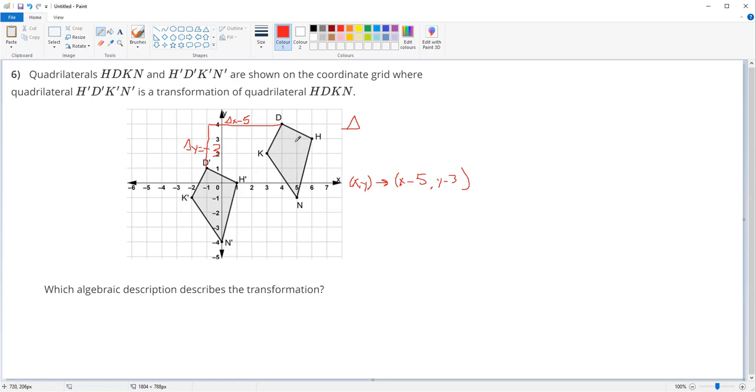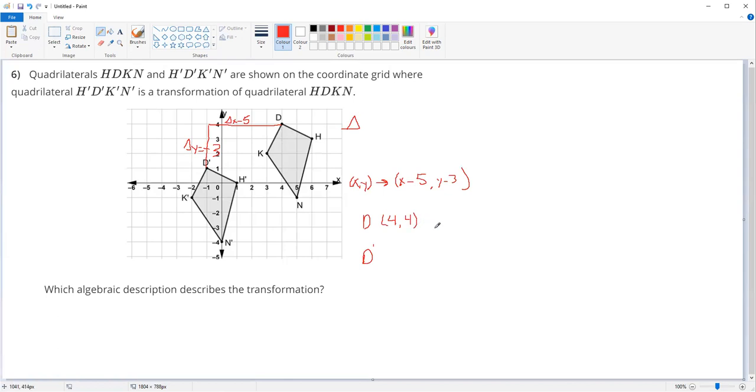Or you can be like, all right, I'll go with my D and my D prime. I'm going to pull it off of these. My D coordinate was 4, comma 4.